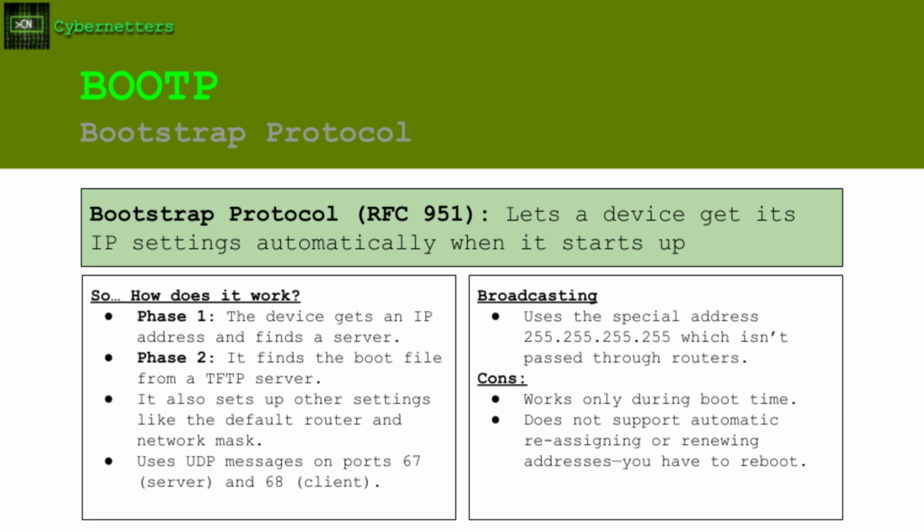The first step is when the device gets an IP and locates the server, and then it finds the boot file via TFTP. BOOTP also uses UDP ports 67 and 68 and it broadcasts to 255.255.255.255, which doesn't go beyond the local network.